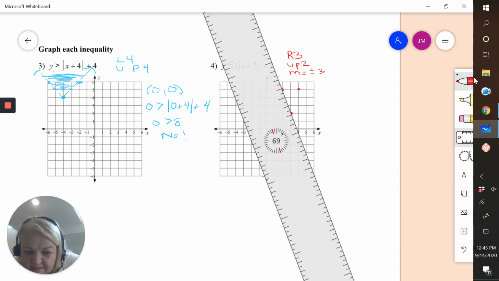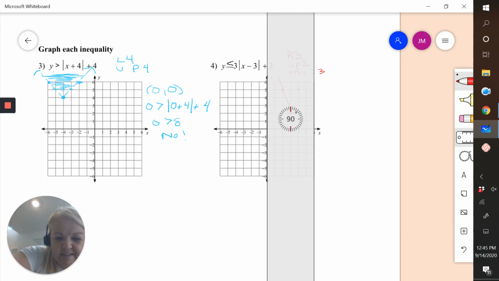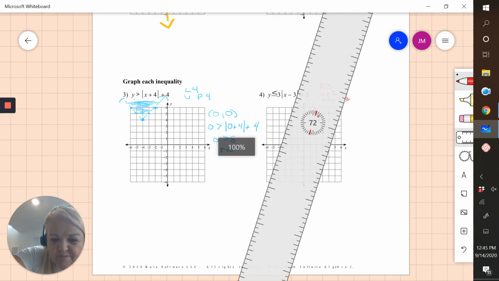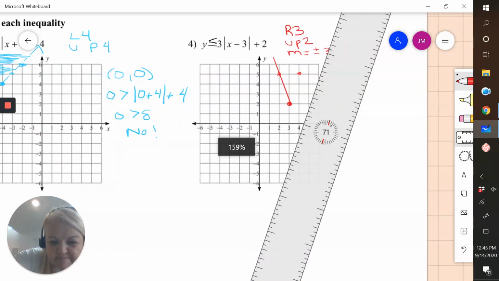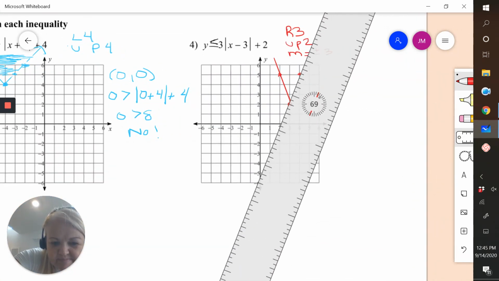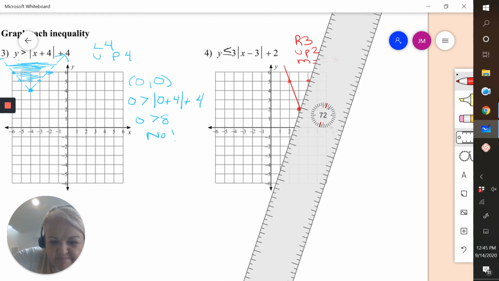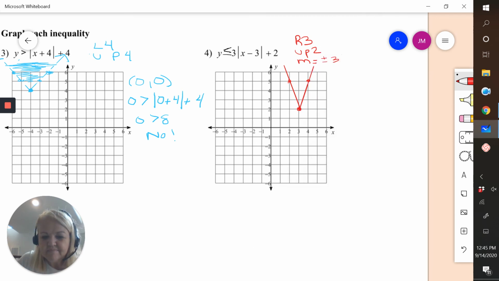This one's going to be a solid line and a solid line. Okay, so there's my graph.